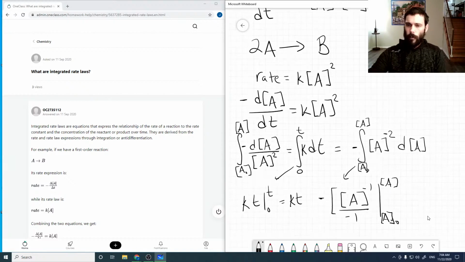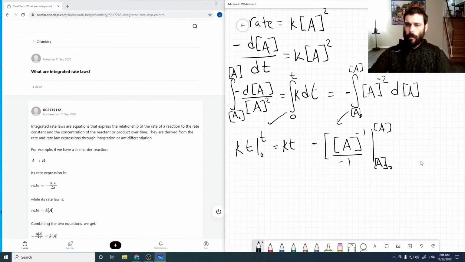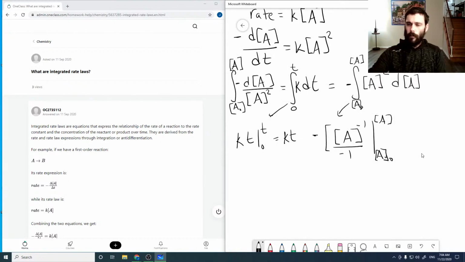Okay, and I'm just going to migrate these up. And so then we can arrive at our integrated rate expression as these two equal each other. And so this is going to equal, so these minuses are going to cancel.